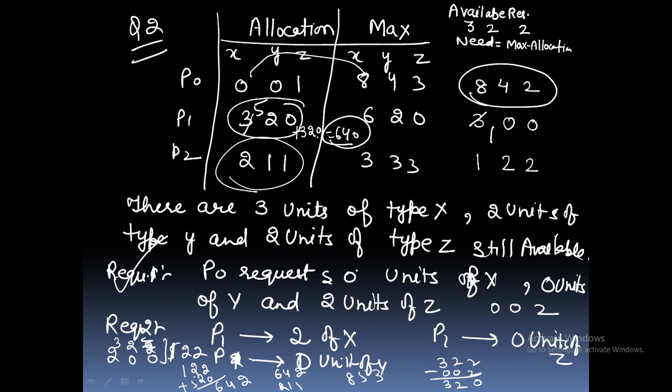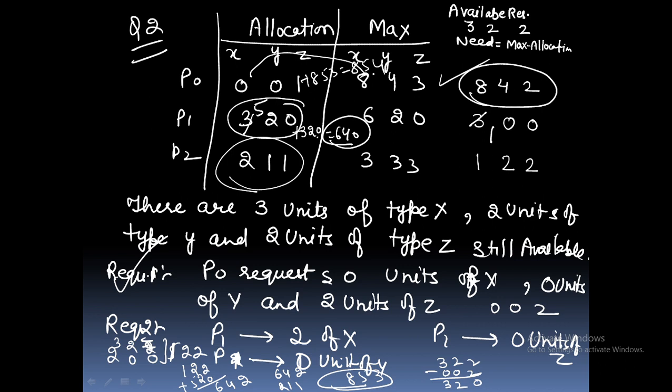Now you can see we have 853. You can fulfill the requirement of process 0, that is given 853 plus the allocation 001, total 854.